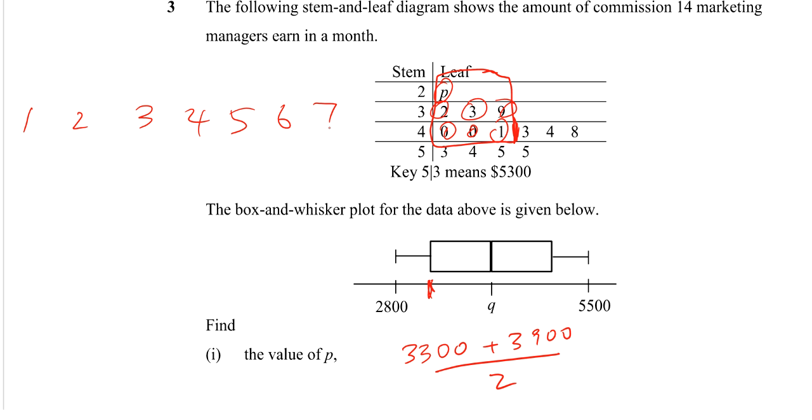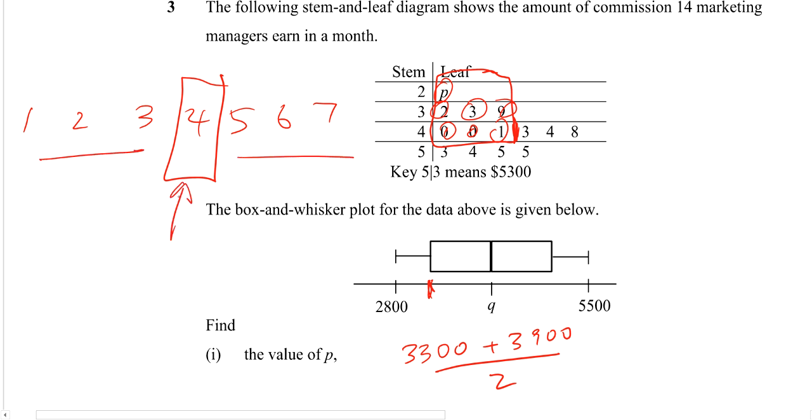Are you sure 3 and 4? 4 and 5? Which is the middle position? This is the middle position. I've got 3 on the left, 3 on the right. What do you mean only got 2? I mean cannot see the 1. Oh.